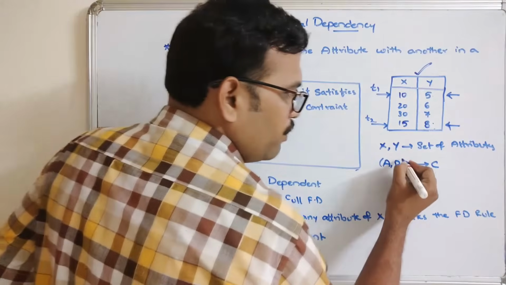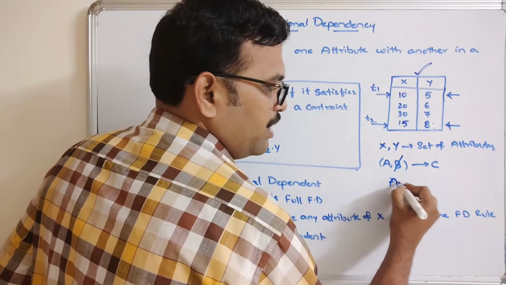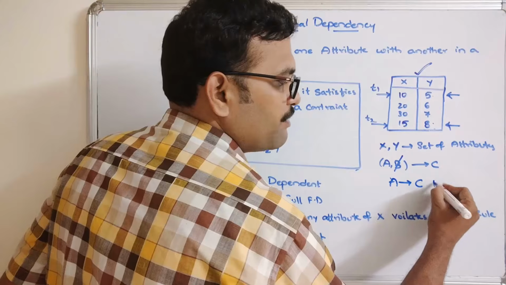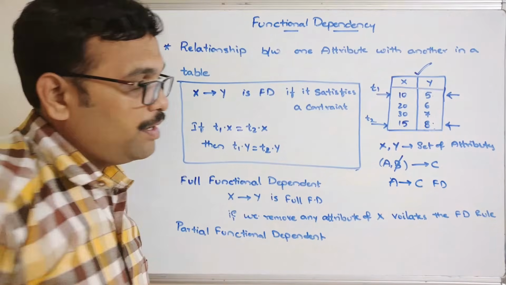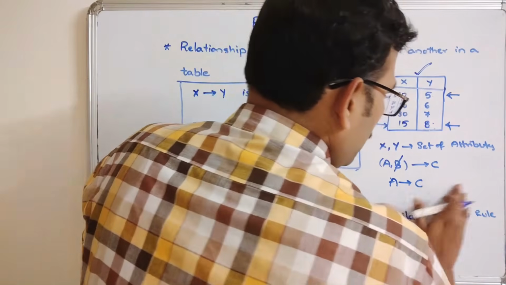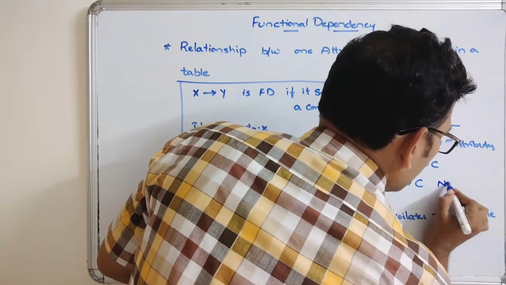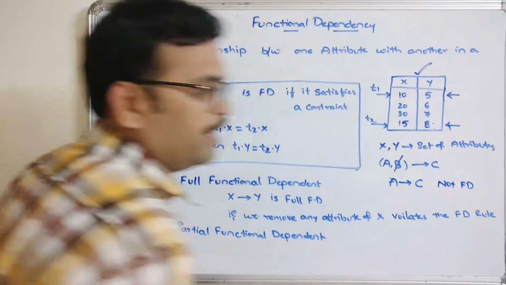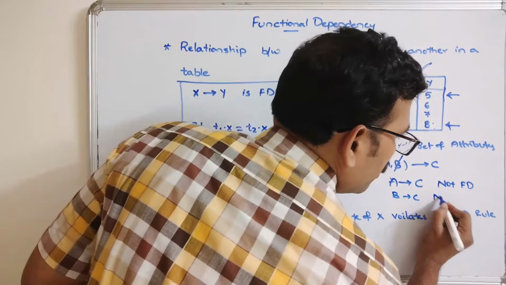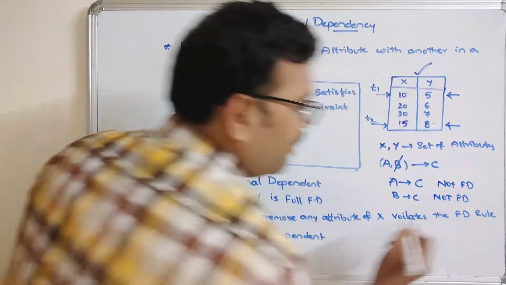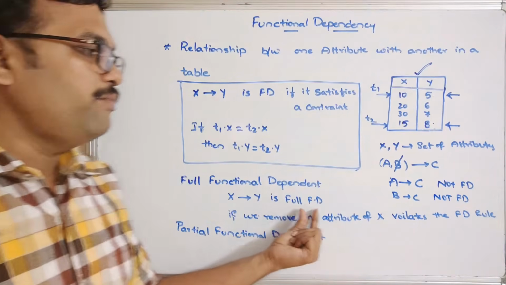So here if you remove B, and A tends to C is not functionally dependent, and likewise if you remove A, B tends to C is not functionally dependent, then we call it a full functional dependency.